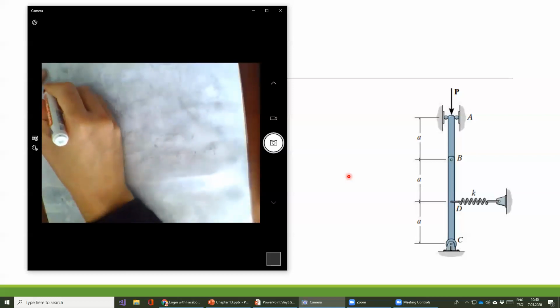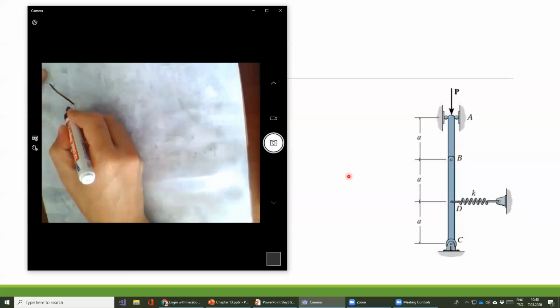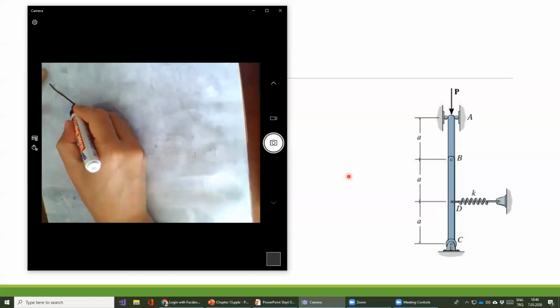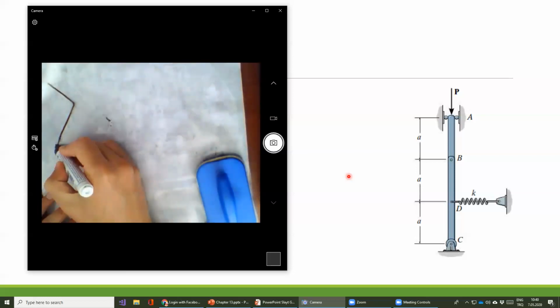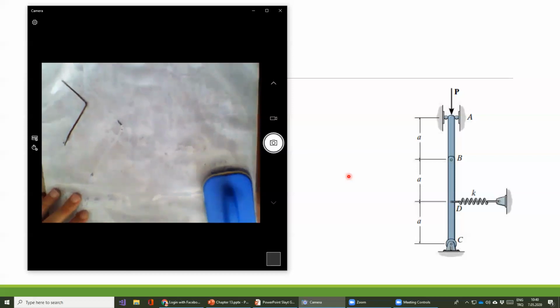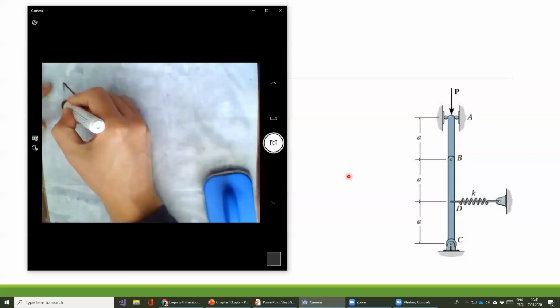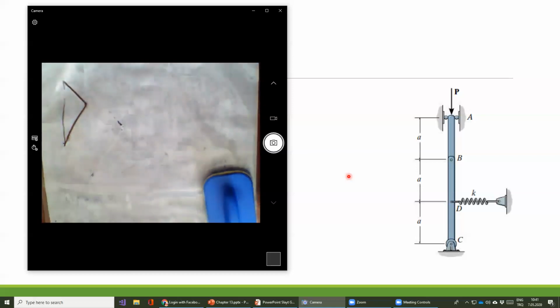I want the deformation shape like this. And I want to define the names of the angles.